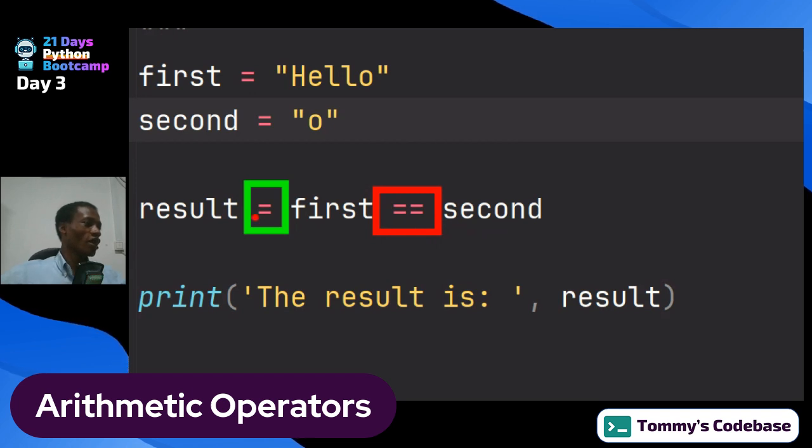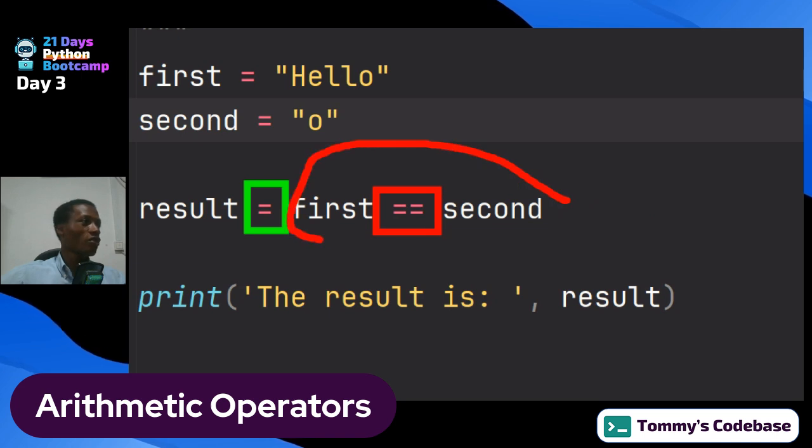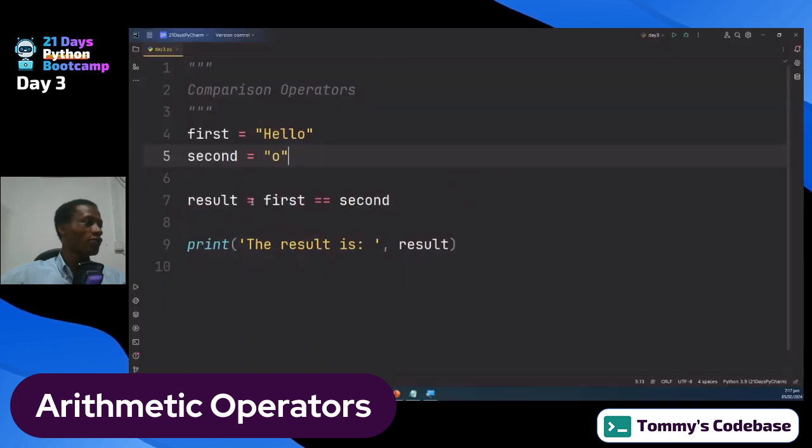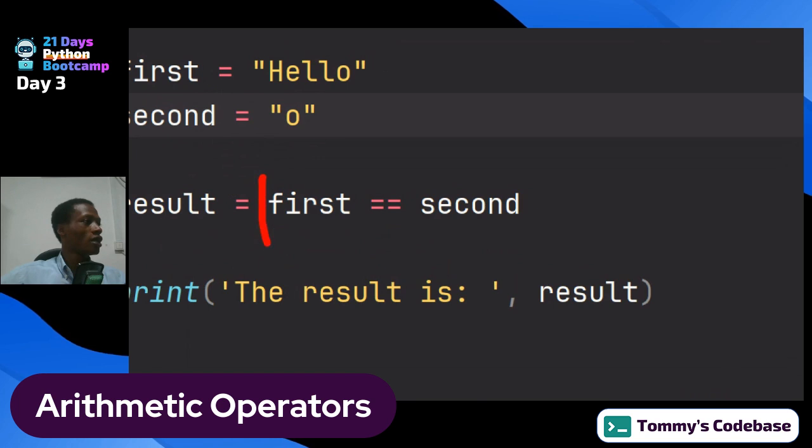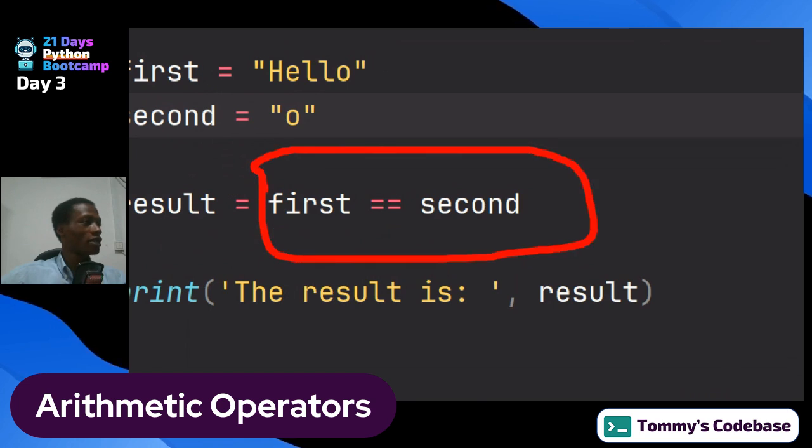What are they doing? Well, Python runs from the right to the left. In the case where we declare variables, it will evaluate the right side, which is the comparison, and then assign the value to this result here.